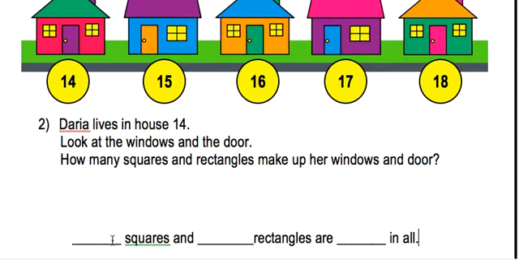And then when it says in all, what operation do you use? If you need to know how many squares and how many rectangles there are in all, that's when you're going to use your brain after you finish counting, and tell us how many you have in all here. Again, if you need to stop or go back, please do so to listen to this once again.